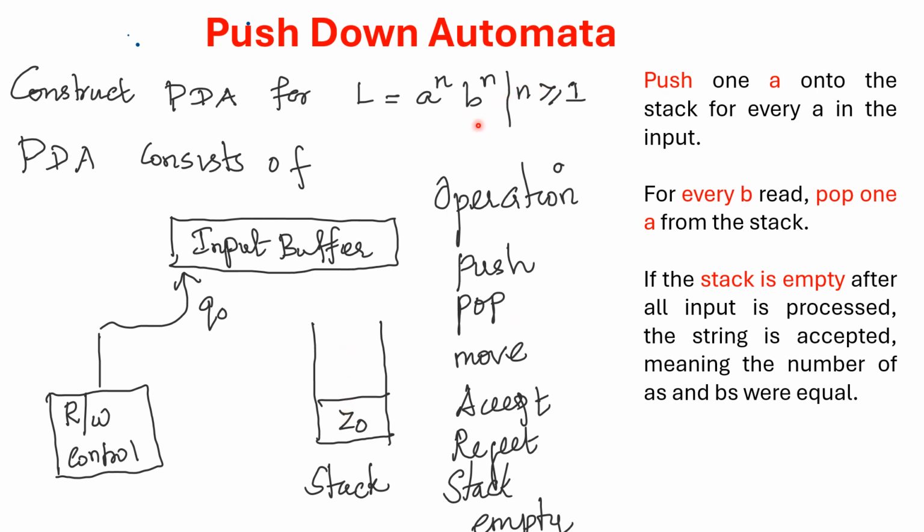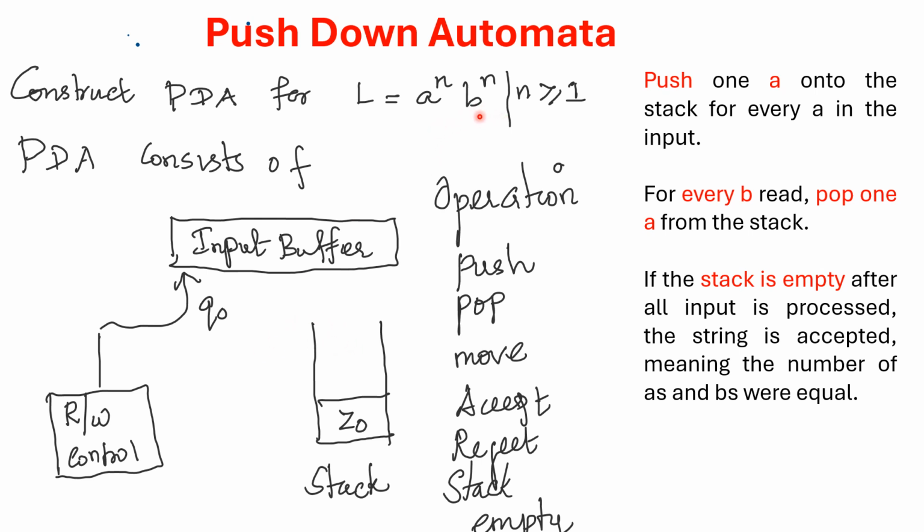Now we look at the B's. For every B read, we pop one A from the stack. Here we have 3 A's. After seeing the first B, the first A is popped from the stack.